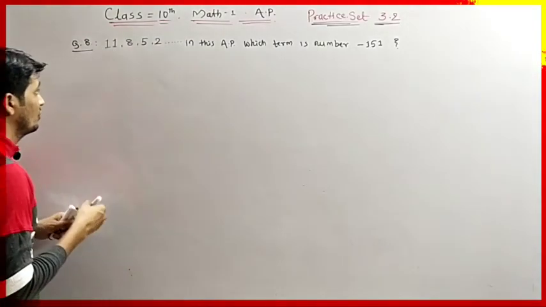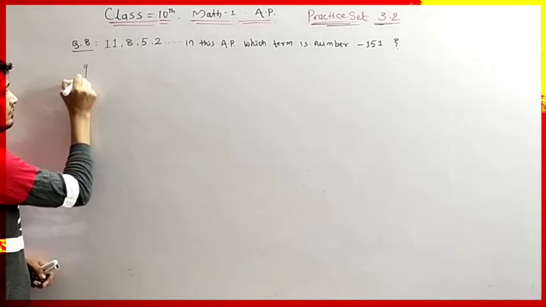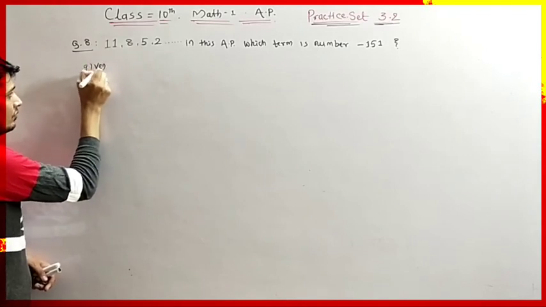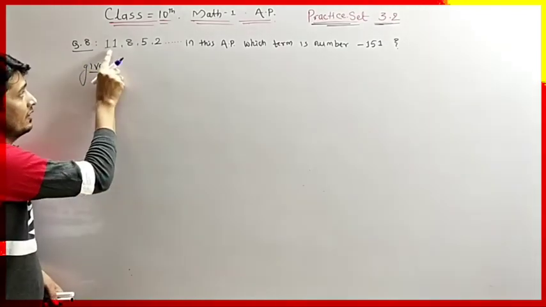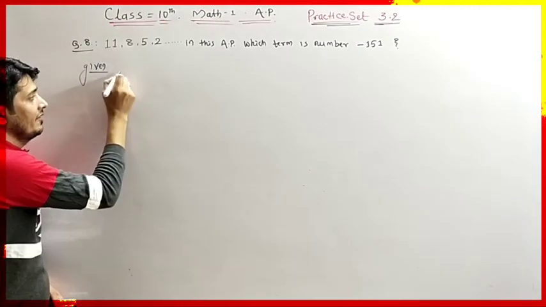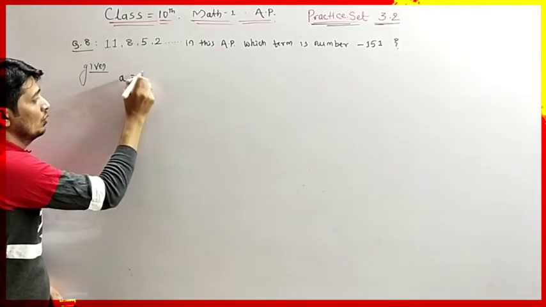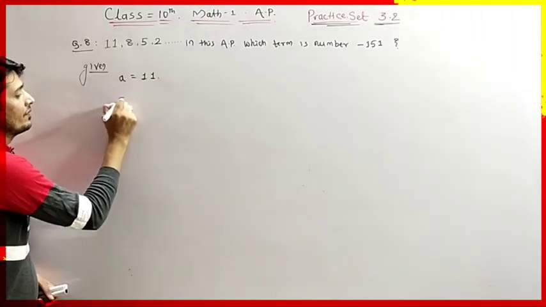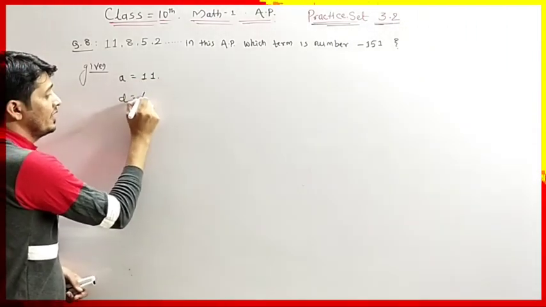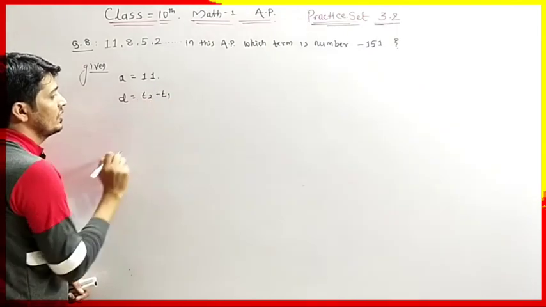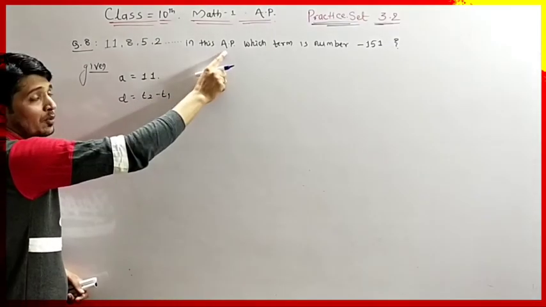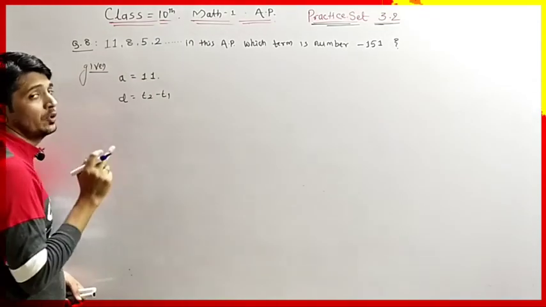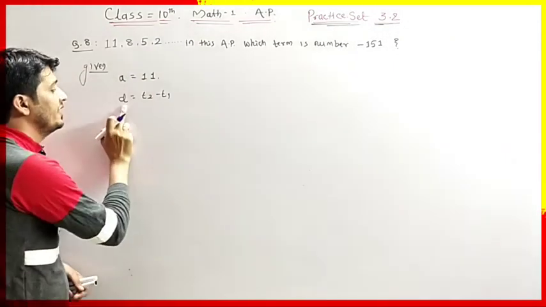So we have to write given. What is given? The first term, a equals 11. Now d equals what? d equals t2 minus t1. If it is an arithmetic progression, we can take any consecutive terms in order to calculate d.